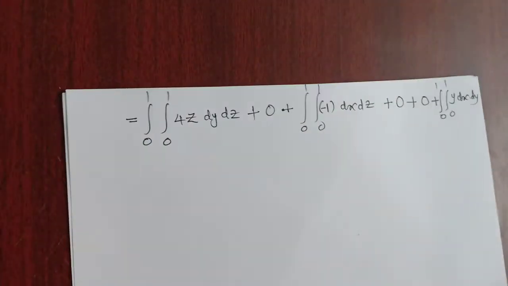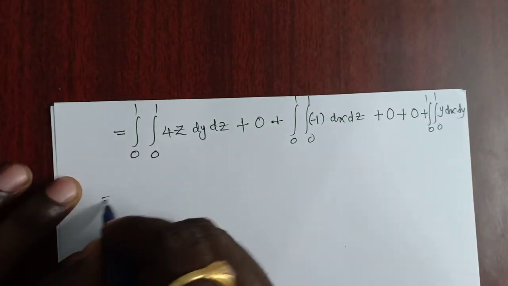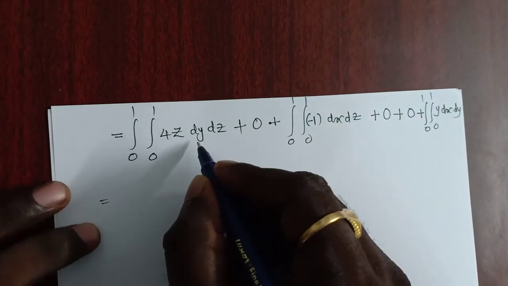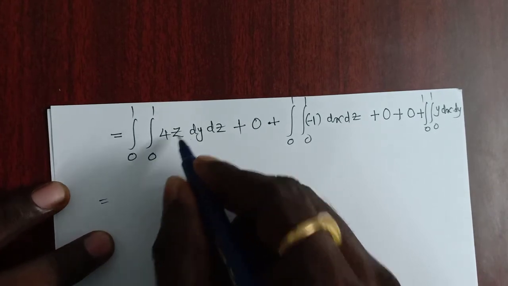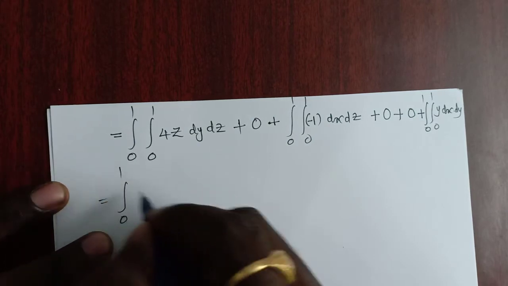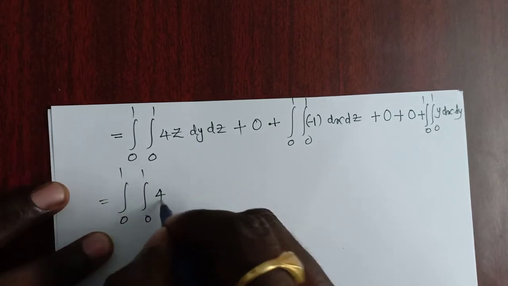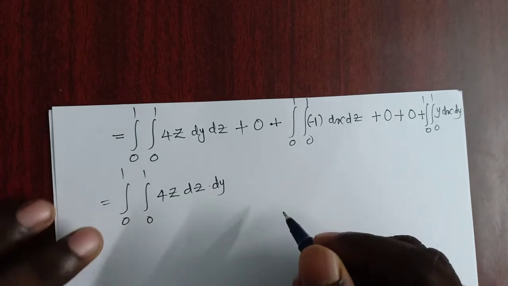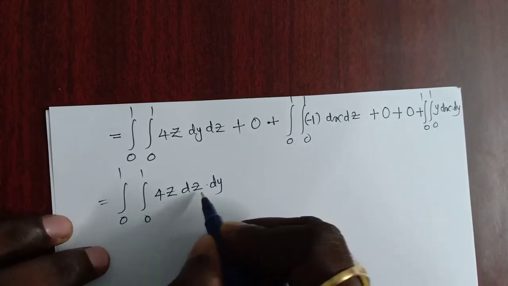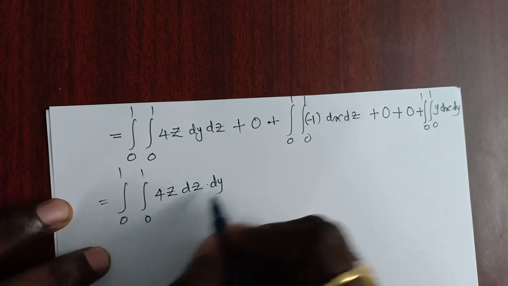Okay students, now we will solve this. Clearly, here we have a z value, so 0 to 1, 0 to 1, 4z dz dy. We need to integrate with respect to z first and then y. It is very, very simple.